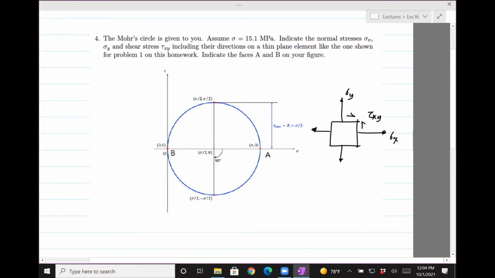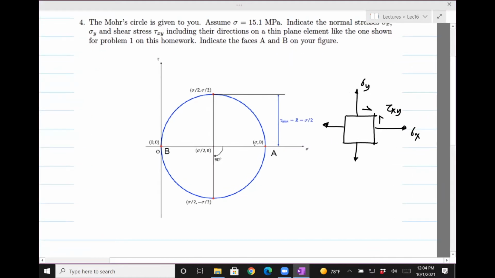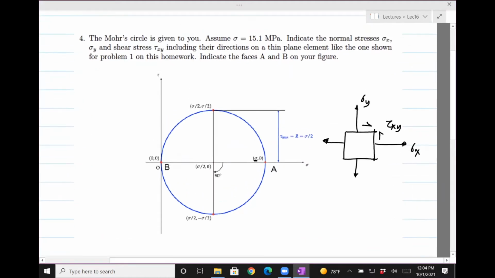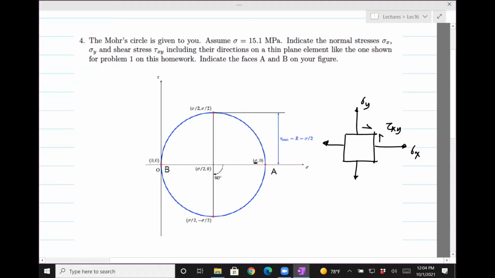Assume sigma equals 15.1, where sigma is shown here. Indicate the normal stress, sigma x, sigma y, and shear stress, tau xy, including the directions on a thin plane element, like the one shown for problem 1 in this homework. So that is drawn on the right side.